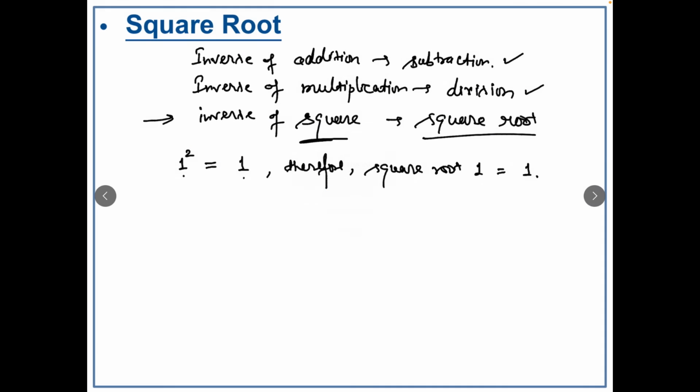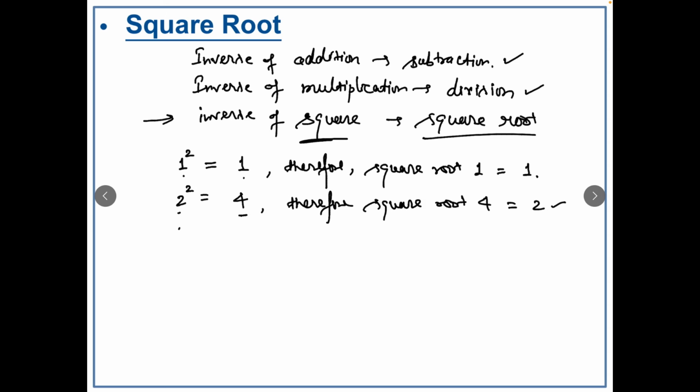Let's take another number. If you find the square of 2, the square of 2 is 4, therefore the square root of 4 is equal to 2. That's what I have written here.